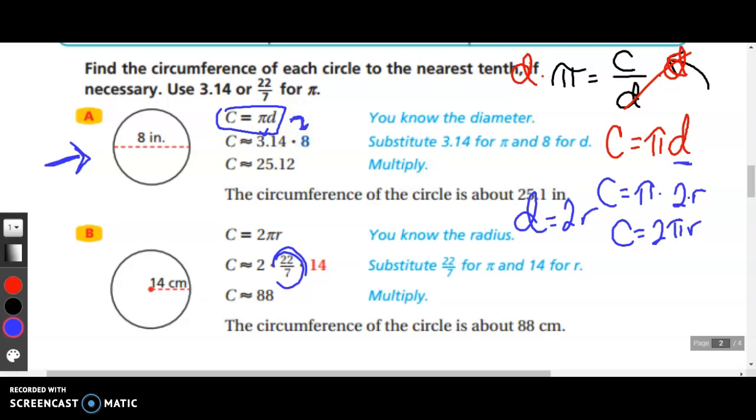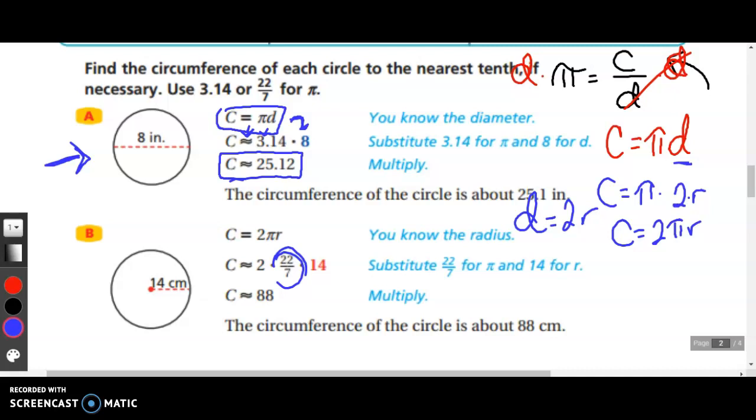Then you do 3.14 times 8, and you get that C is about equal to 25.12. Do you notice that as soon as we put in a value for pi, the equal sign went to a squiggly equal sign? It's because as soon as we put a value in for pi, it's no longer exact. It's approximate from then on because we're using an approximate number.